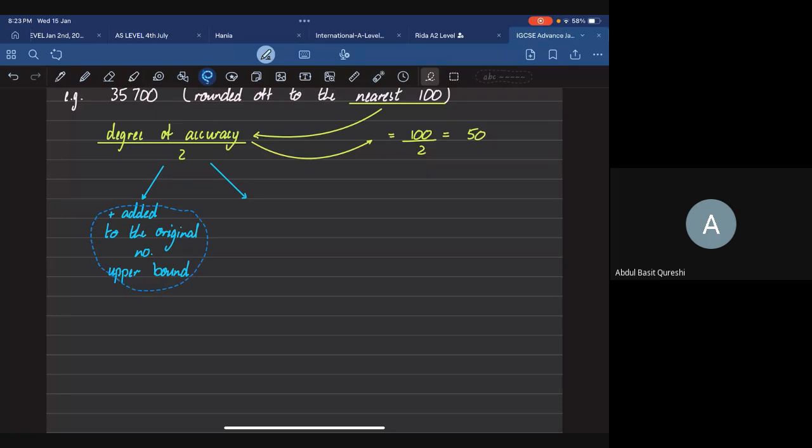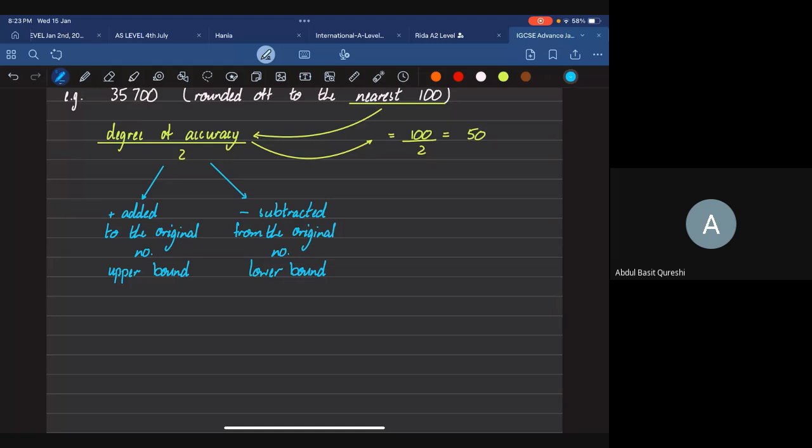And if this has been subtracted from the original number, that means it's the lower bound.